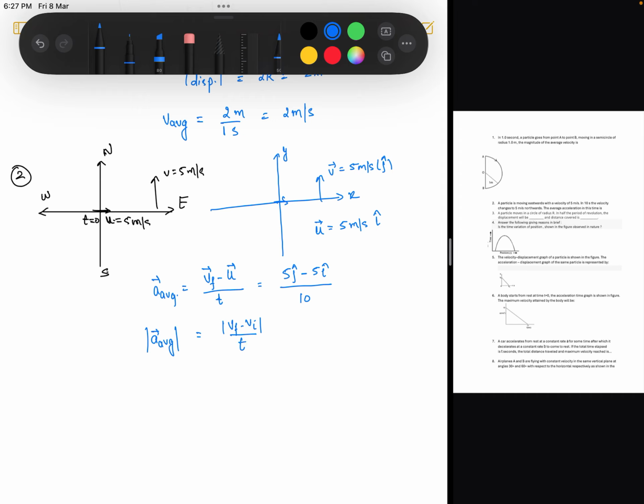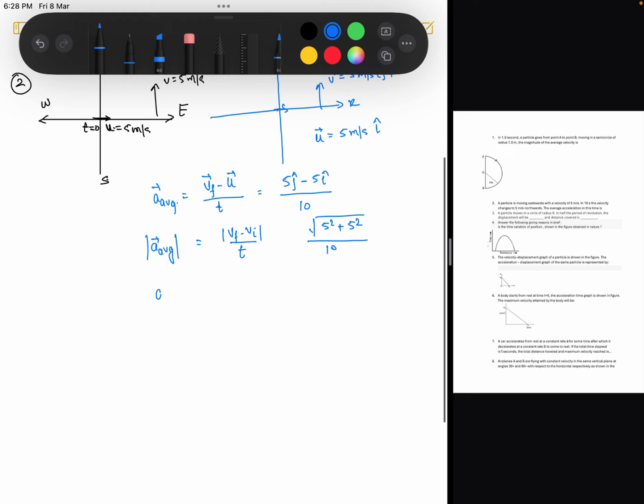So the magnitude of this vector will be root under 5 square plus 5 square, divided by 10.